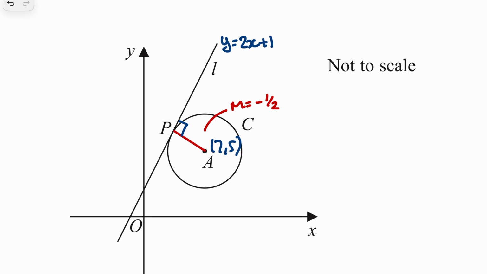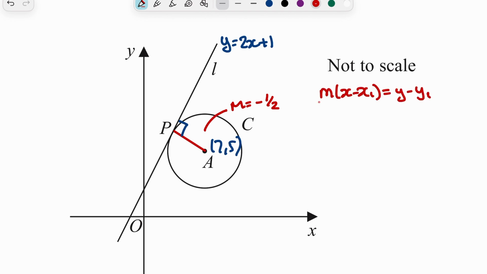Now we've got the gradient of PA, and we've got a point it passes through. So we can use the standard equation for a straight line, and we can substitute m as negative 1/2. x1 would be the 7, which is from here. And this will equal y minus y1, which is 5.